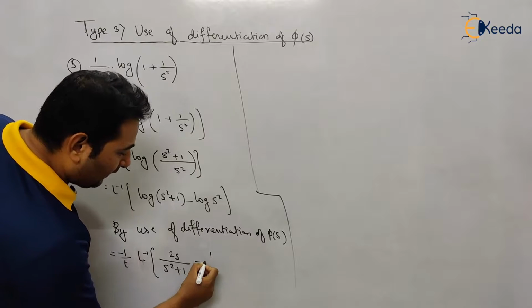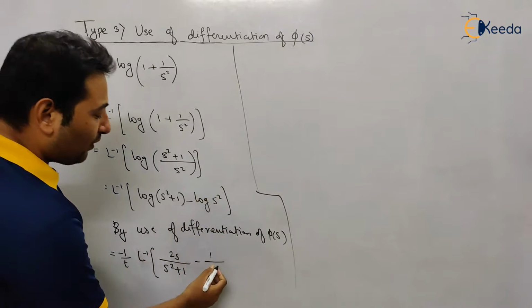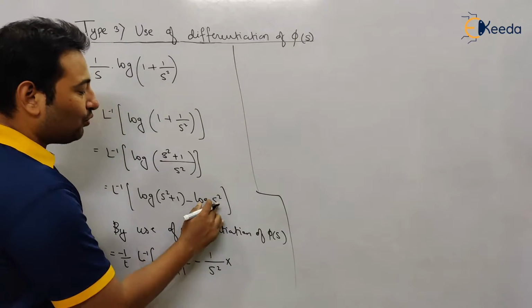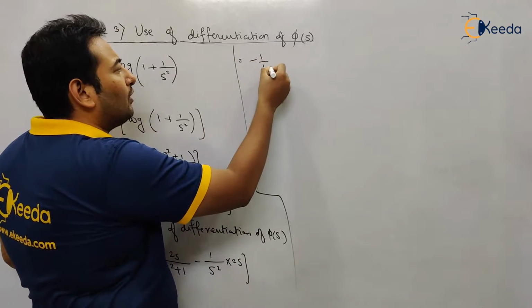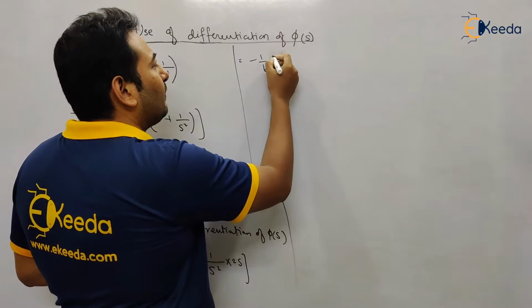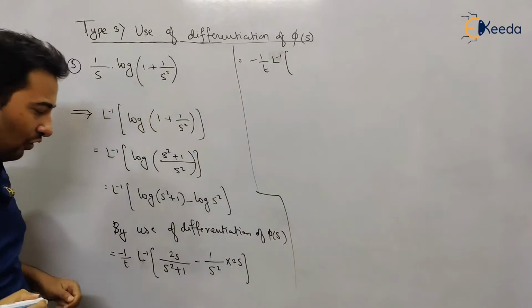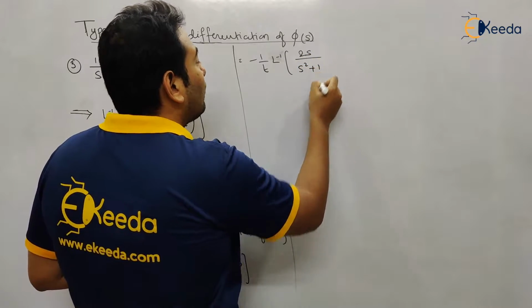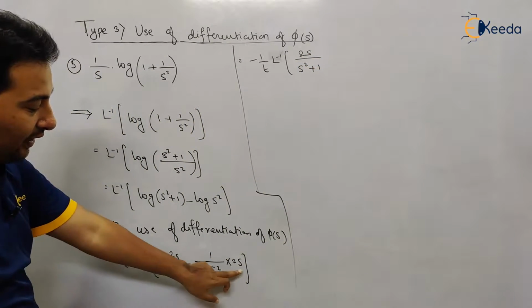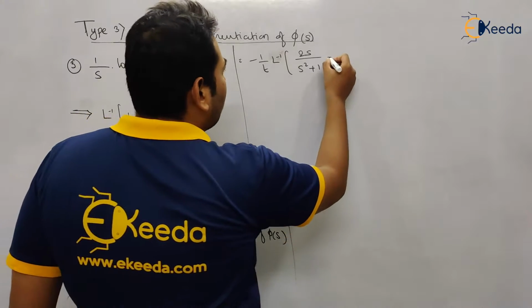What about this? Here also log of s square derivative is 1 upon s square into s square derivative is 2s. In short, this is minus 1 upon t Laplace inverse of 2s upon s square plus 1, and here if you cancel this s, it will be 2 by s.